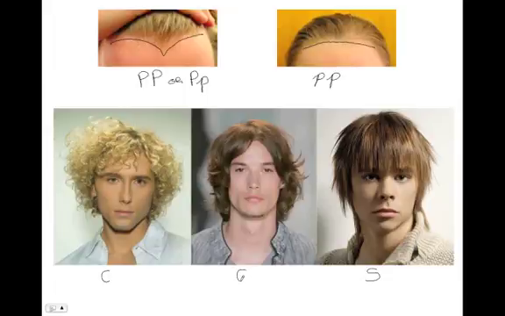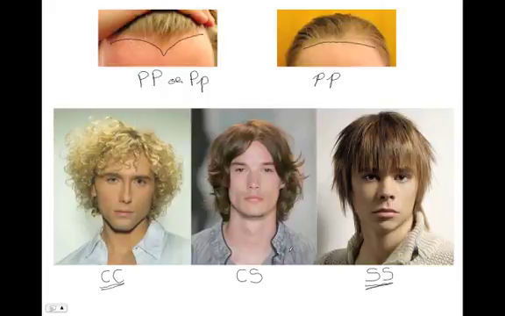It might not be quite as much, but they will still be there. So we're going to call this a CS individual. So our heterozygote is still going to have curly hair, just to maybe a slightly different degree, and CC curly, and SS straight. So we have our recessive genotype being straight hair, and our dominant genotype being curly hair.